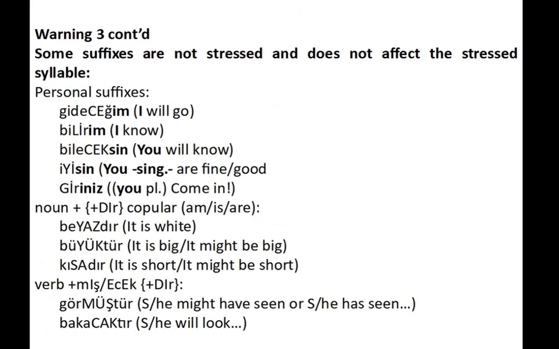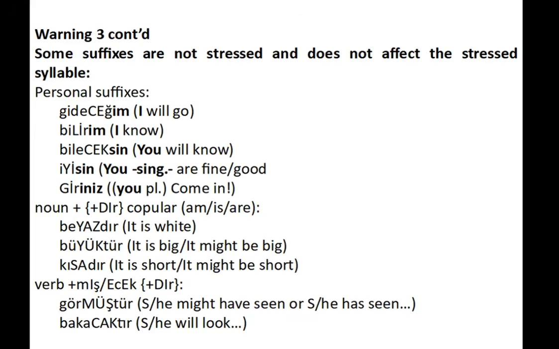There's no change here. There are some more suffixes which are not stressed and do not affect the stressed syllable, like personal suffixes. Gidecek, gideceğim. Bilir, bilirim. Bilecek, bileceksin. İyi, iyisin. Gir, giriniz. Nothing changes as you see. The stress is on the same syllable.